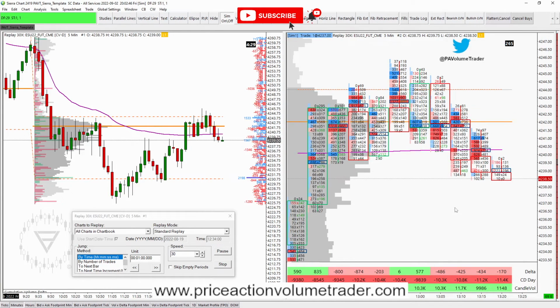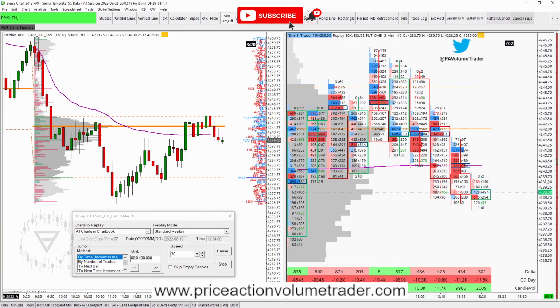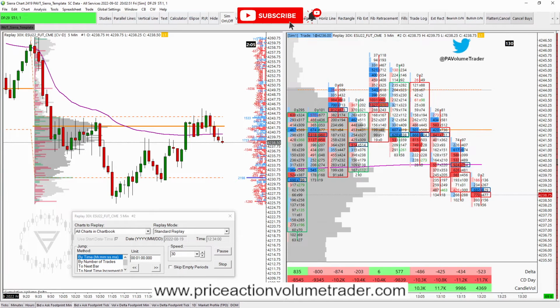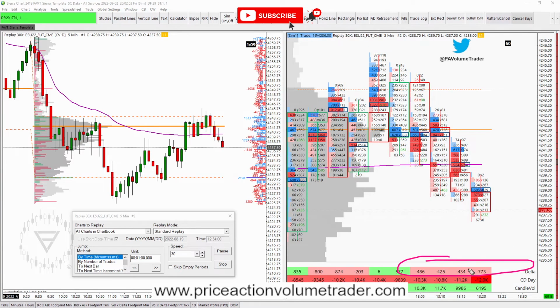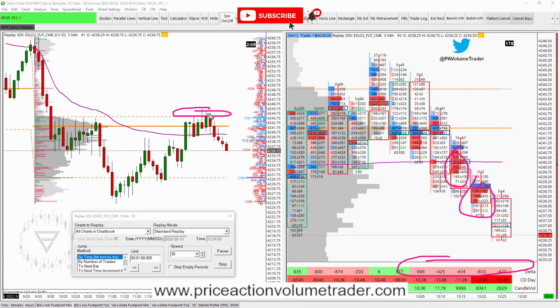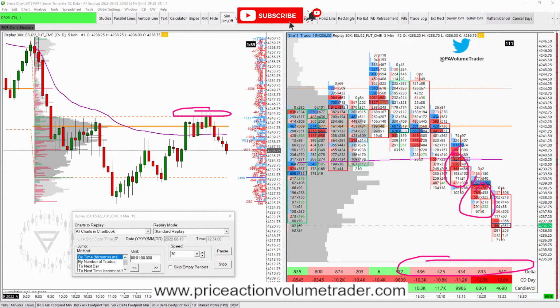And then from here you can see how now we're getting a lot of big selling deltas, big aggressive selling. Pretty much everyone that bought the top here knows they are now on the wrong side, and they're having to bail out. They're having to just close out their trades for a loss, adding to the selling pressure.